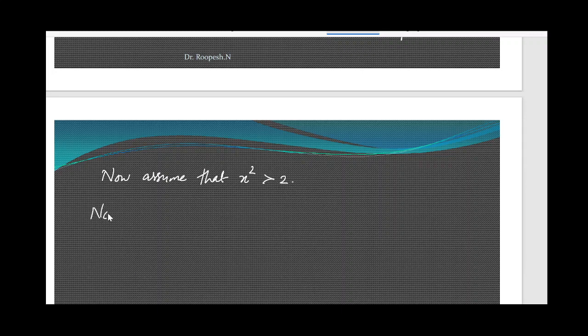Note that (x minus 1/m) all square is equal to x square minus 2x/m plus 1/m square.